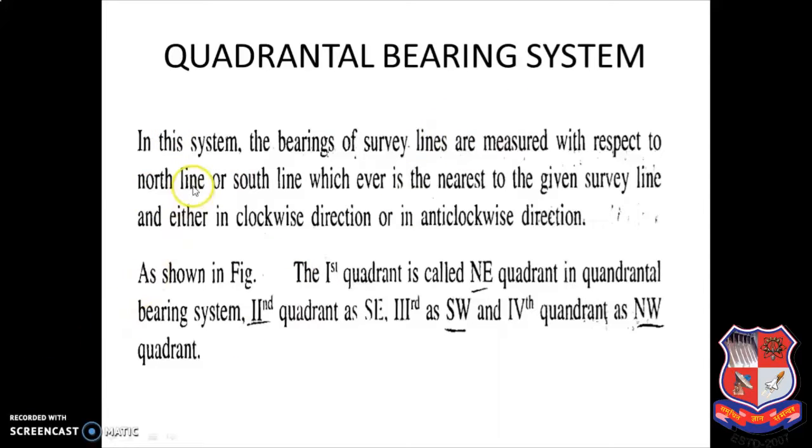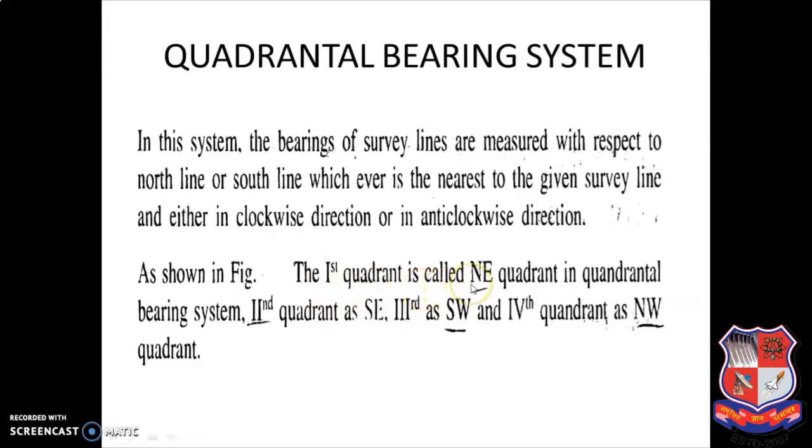Quadrantal bearing system. In this system, the bearing of survey lines are measured with respect to the north line or south line, whichever is the nearest to the given survey line, and either in clockwise direction or in anti-clockwise direction. As shown in the figure, I will show you the figure.